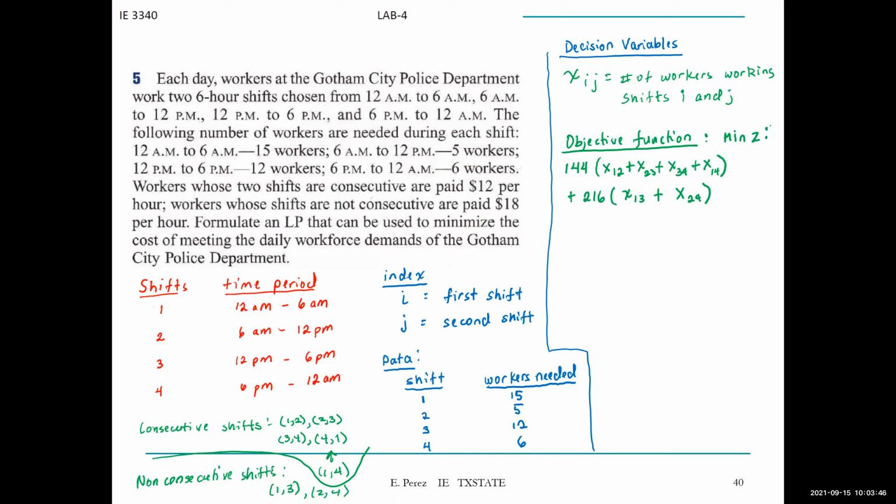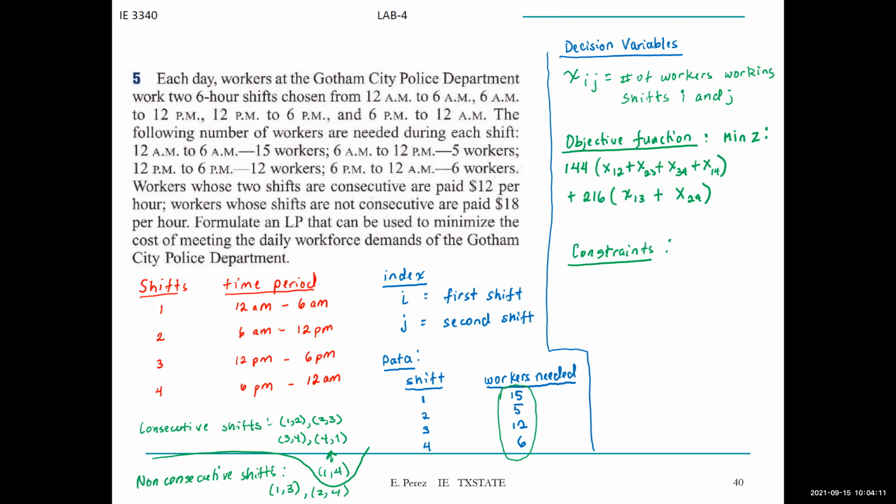Now we have to formulate the constraints. And the constraints are going to use the information from here, workers that are needed per shift.